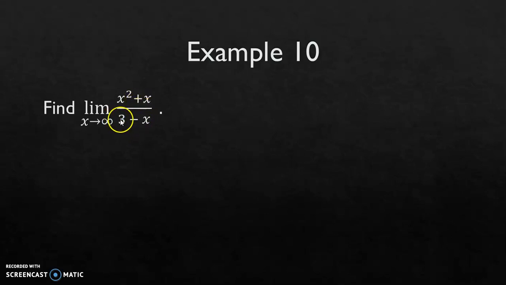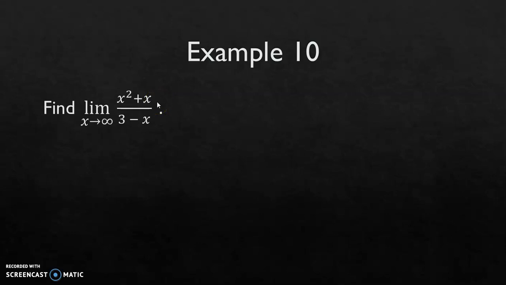Okay, and you can kind of think of it like ignoring this 3. The 3 is so small compared to these really, really big numbers that it doesn't really make a difference. And then you could probably just reduce this by x and you get like x plus 1. But remember, there's a negative sign down here. So it's really negative x minus 1.